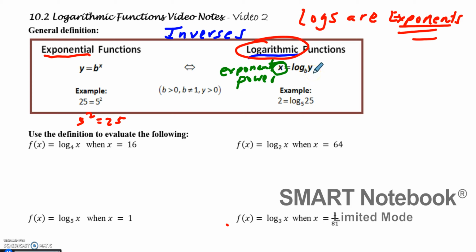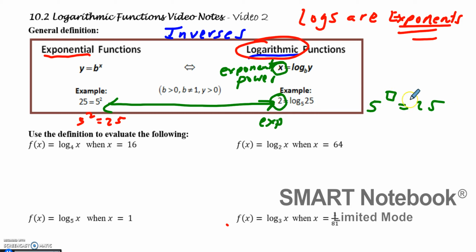To show you the relationship between something we know and something we're less familiar with, 5 squared equals 25. If you're thinking in terms of logs, this is your exponent. Your exponent of 2 is equal to log base 5 of 25. What this really means is 5 to the what equals 25? Well, we know that 5 squared equals 25. This is just a nice conversion so we can do inverses.